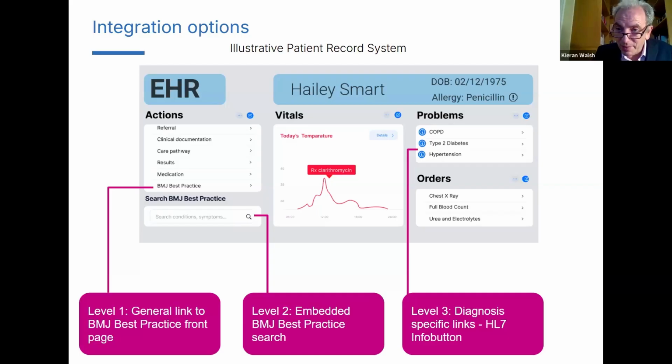And so what all that means is that BMJ Best Practice can be integrated into the electronic healthcare record or other clinical systems as need be, with a simple linking or with a search widget or full API HL7 infobutton integration.